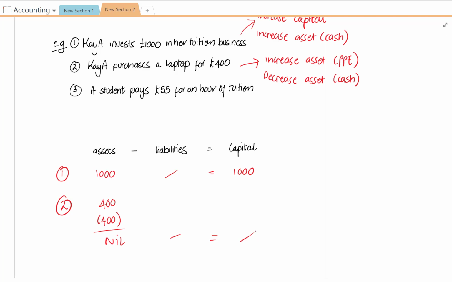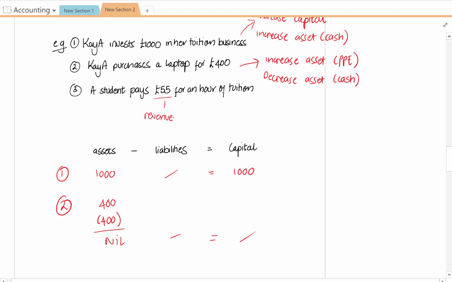Moving on to one more transaction, we'll consider this as the last one, just so you get the hang of things. The idea here is that a student pays £55 for an hour of tuition. Considering that KA is setting up a tuition business, that would imply some sort of revenue, sale or income.